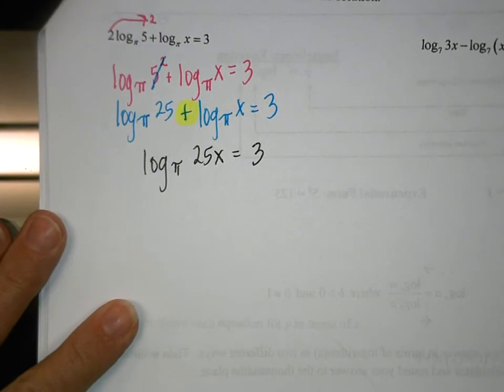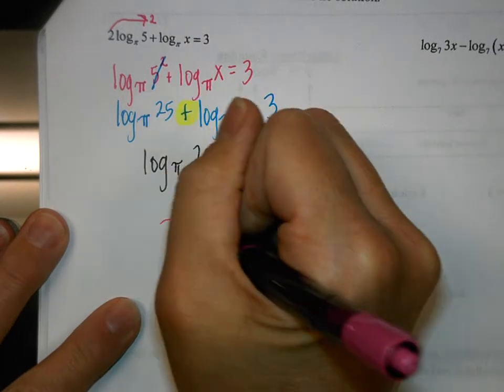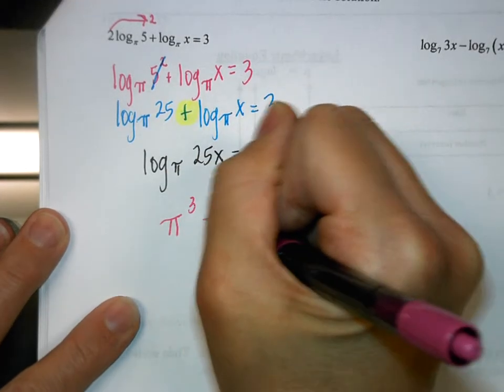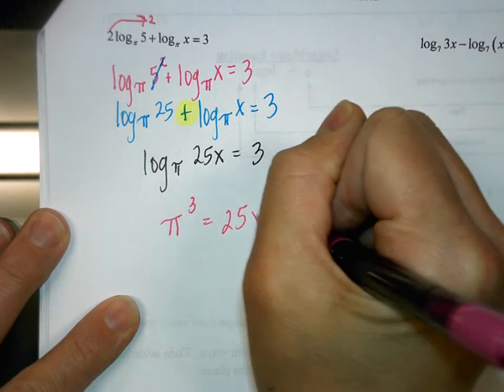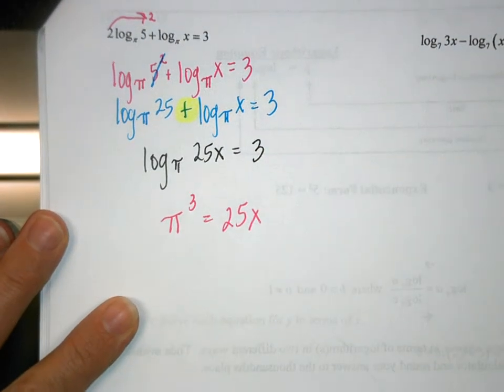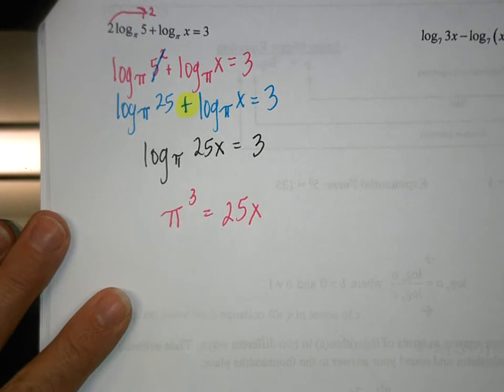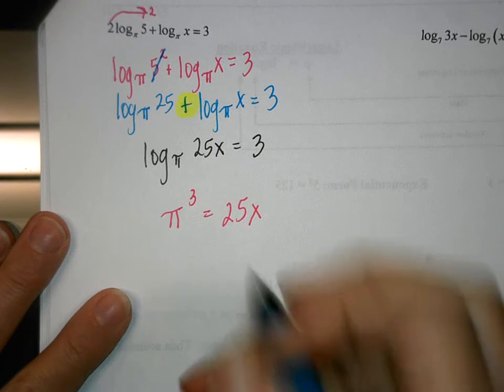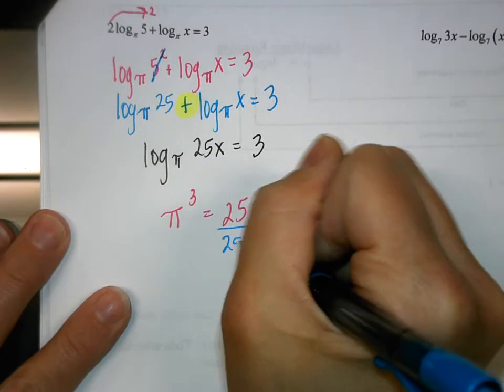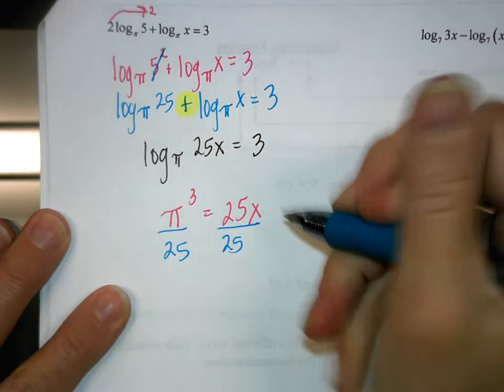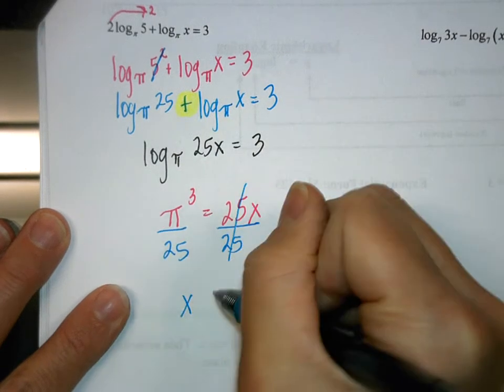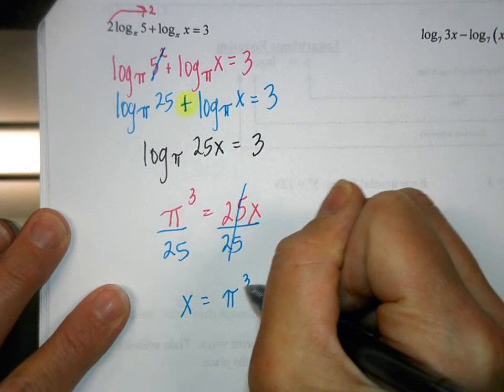How will I eliminate the log? Exactly. So we take pi to the 3rd power equals 25x. And what can I do now in order to get x by itself? Very good. Divide by 25. And so x equals pi to the 3rd power over 25.